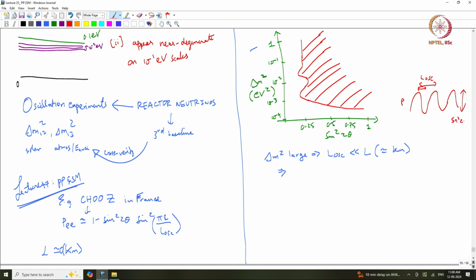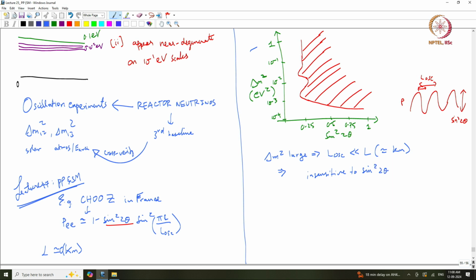Sine square 2 theta. Remember all this from 2 or 3 lectures ago, right. Go back to the expression for the probability. So here it is anyway. So the amplitude is sine square 2 theta, right. So that would make you insensitive to the amplitude sine square 2 theta.